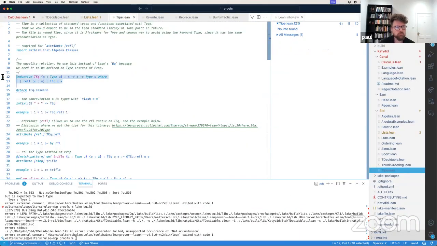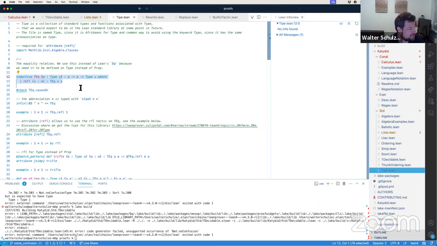So we corrected the definition of equality for types. Instead of this returning a prop, it's a sort.